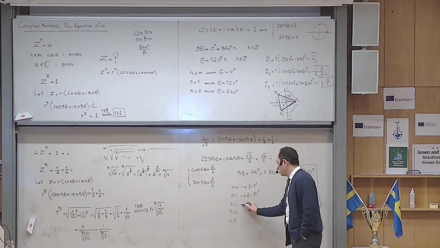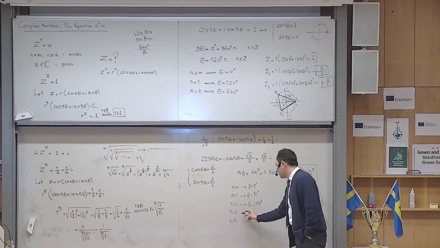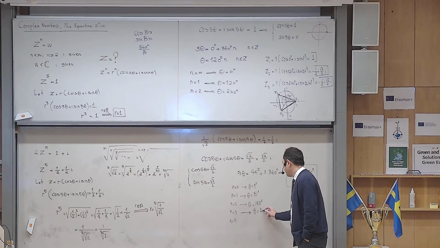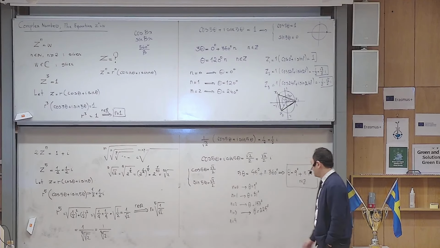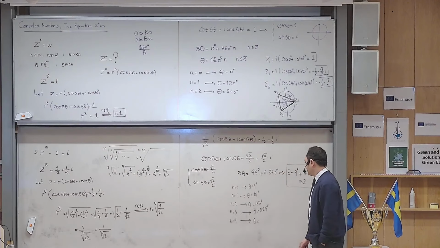If n is 2, what is it? Another 72, it becomes 153 degrees. If n is 3, theta becomes 225 degrees. And then finally, if it is 4, theta becomes 297.